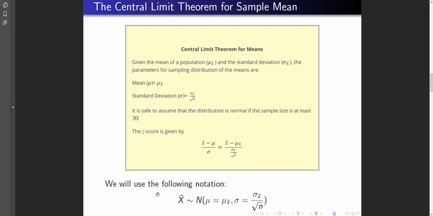We say that the sampling mean is distributed normally, and these are your parameters. The standard error is what we need to compute every time. Be very, very careful. Do not use just the standard deviation, but use the standard error, which is the standard deviation divided by the square root of n. In the next video, I will discuss the central limit theorem for the sum.